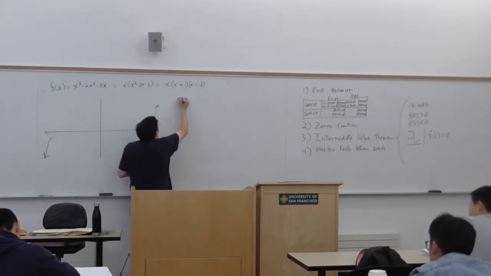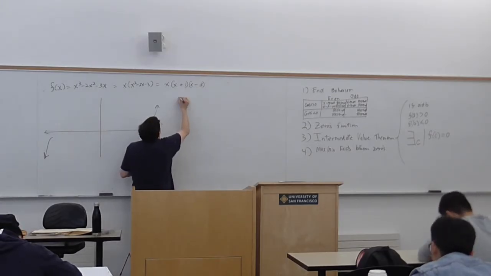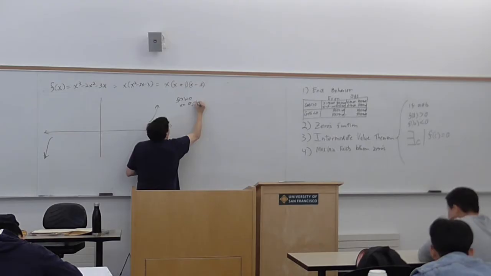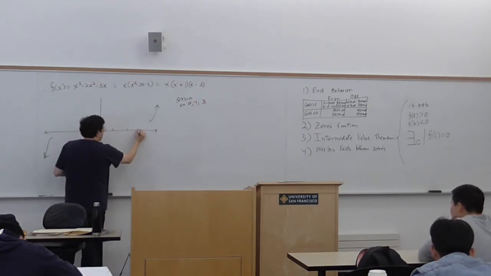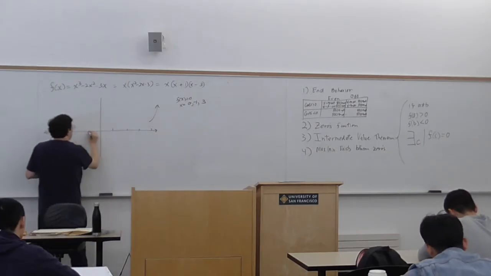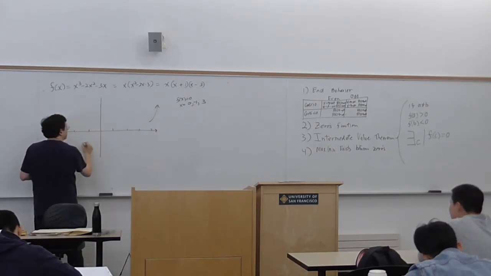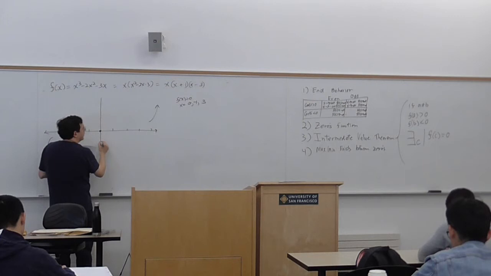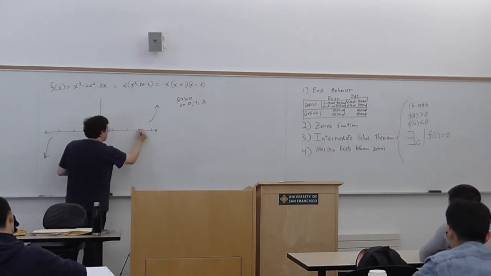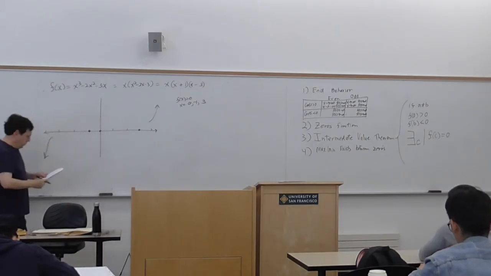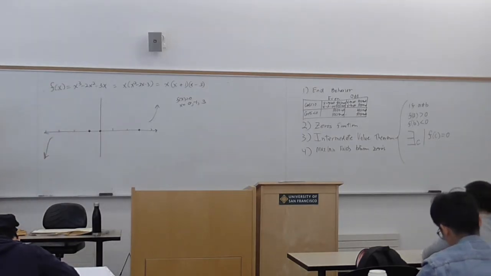So its zeros are x equals 0, negative 1, and 3. So let's plot this. So we have them here, here, and 3.